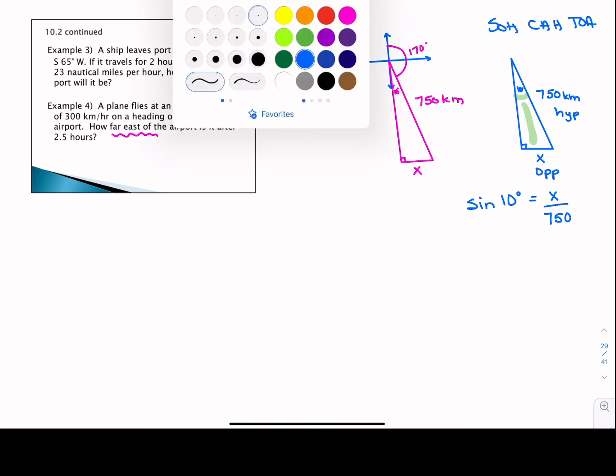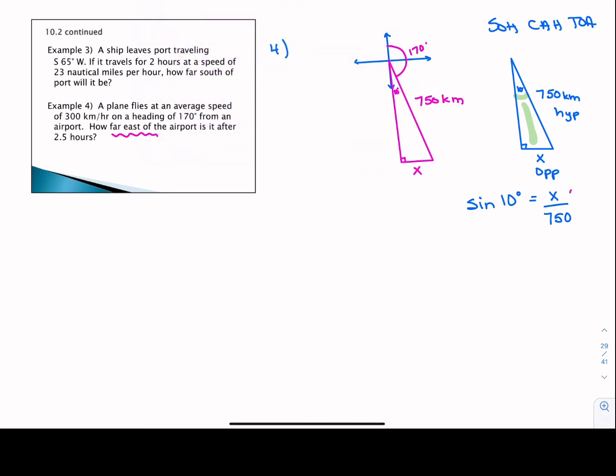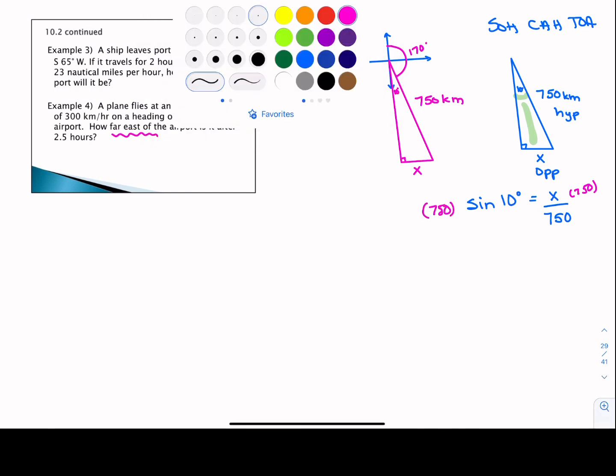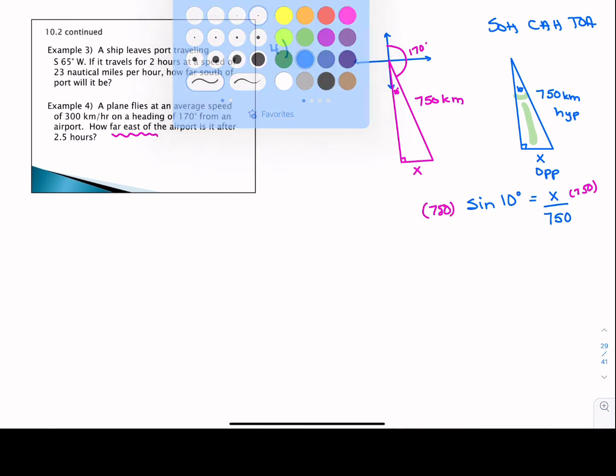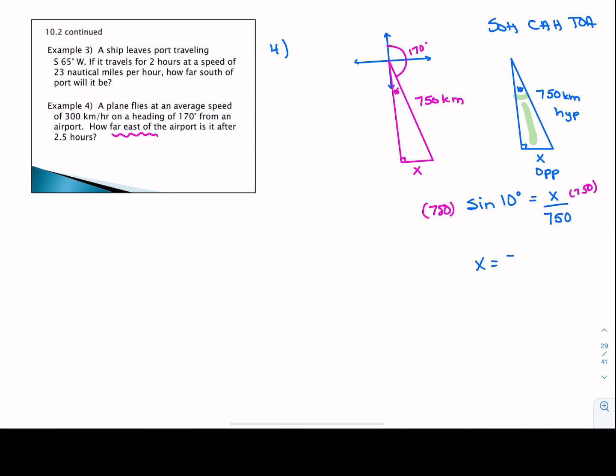So once again, in order to solve this problem, we need to multiply both sides of the equation by 750 to clear the fraction. And when we do that, we get an x value of 750 times the sine of 10 degrees. So again, we just type that into your calculator, 750 times the sine of 10. That gives us 130.2 as your x value.